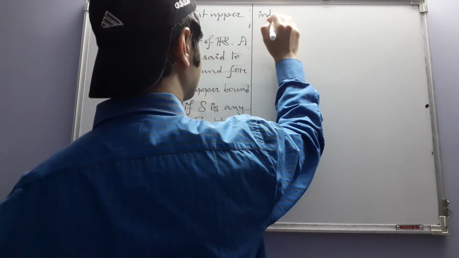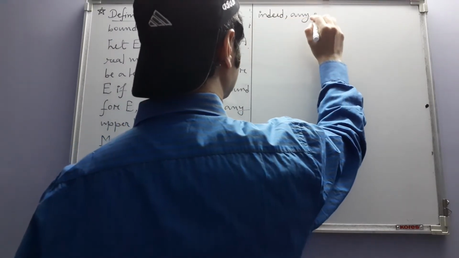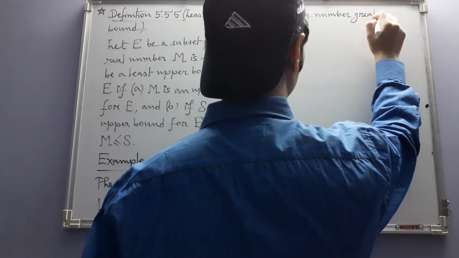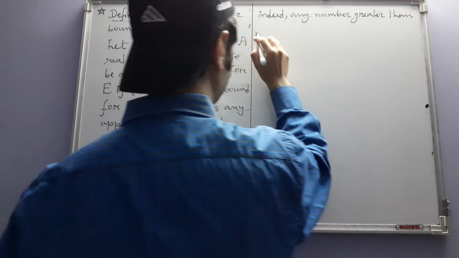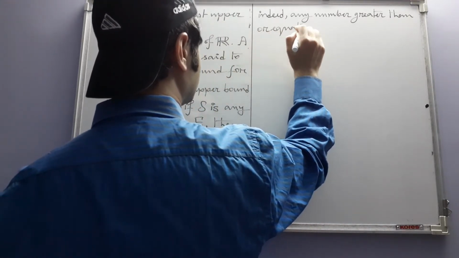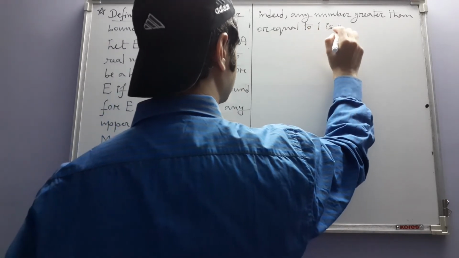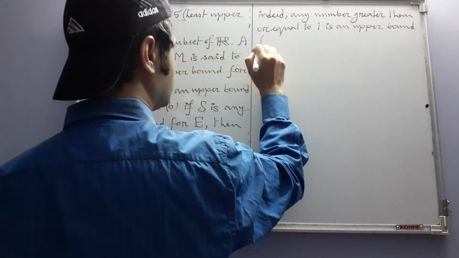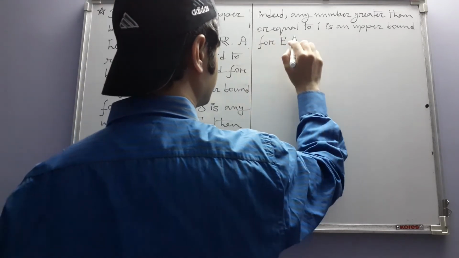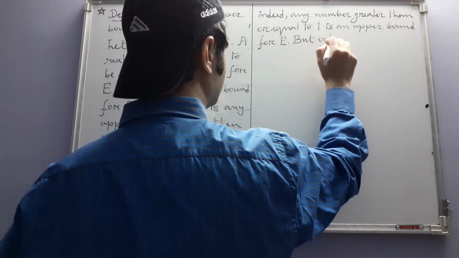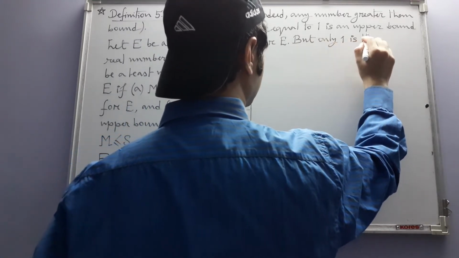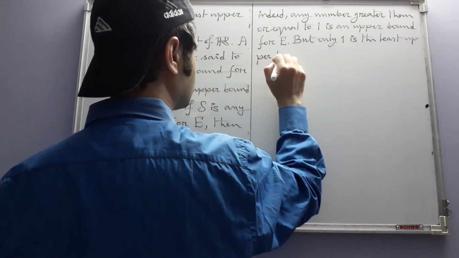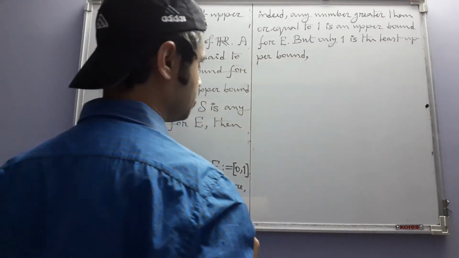Indeed, any number greater than or equal to 1 is an upper bound for E, but only 1 is the least upper bound.